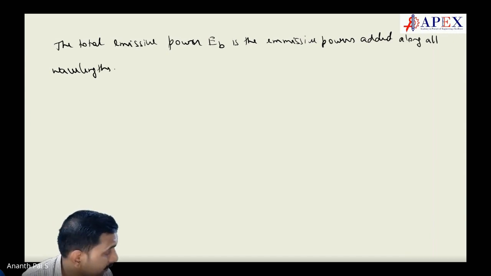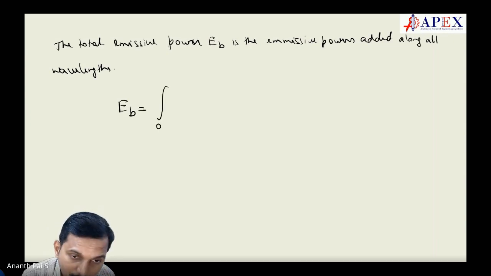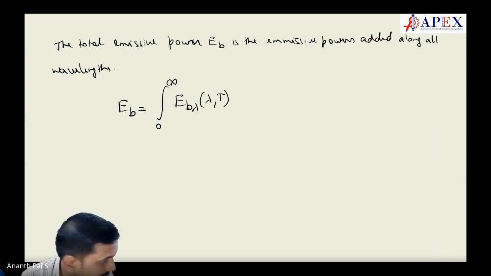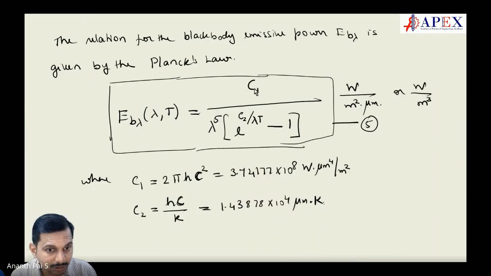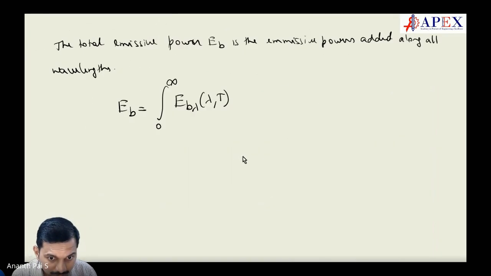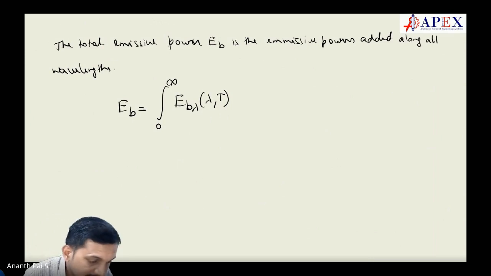Mathematically, EB is equal to the integration from 0 to infinity of EB lambda, which is a function of lambda and T, given by Planck's law. Whatever is given in the Planck's law, when you integrate over d lambda, you get the total emissive power. And the total emissive power is equal to sigma into T power 4.